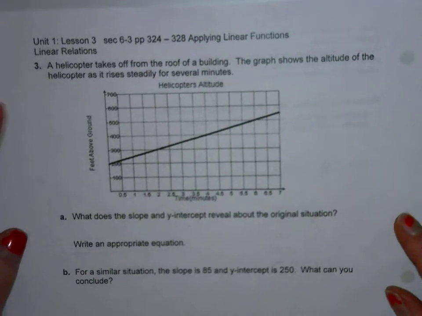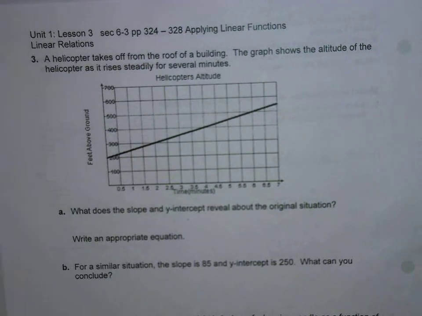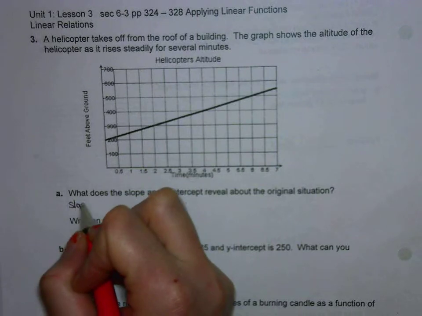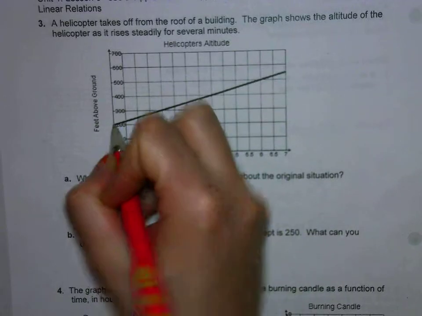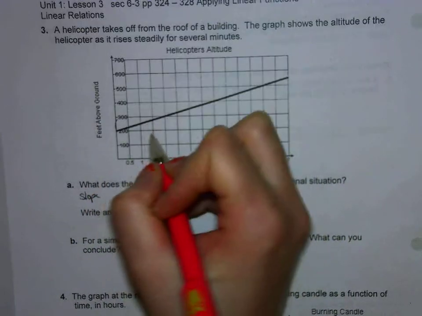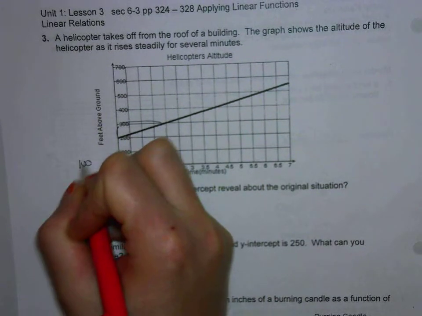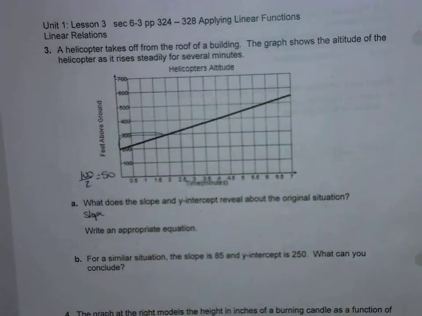Alright, so look at the back side. In this situation, a helicopter takes off from the roof of a building, and the graph shows the altitude of the helicopter as it rises steadily for several minutes. So what does the slope and y-intercept reveal about the situation? Well, the slope reveals that if we start here, we're going up 100, and we're going over 2. So we have a slope of 100 over 2, which actually equals 50.